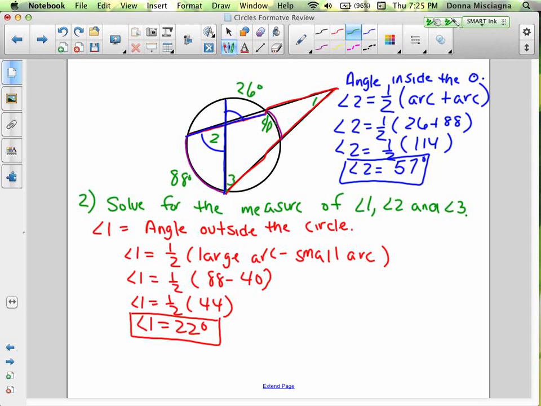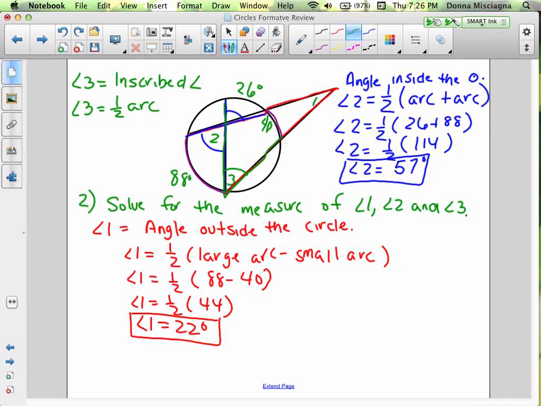Now, if you just focus on the sides of angle 3, all right, you'll see that angle 3 is an inscribed angle. And an inscribed angle is equal to half the arc.